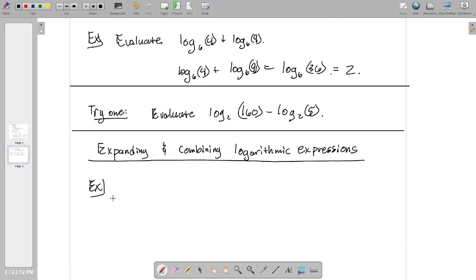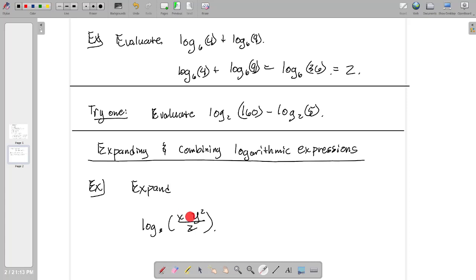Do an example here. So what we want to do is expand log base 3 of x y to the second power divided by z. So notice that we're dividing by z and we're multiplying here. Everything in the numerator is multiplication. Everything in the denominator is division.